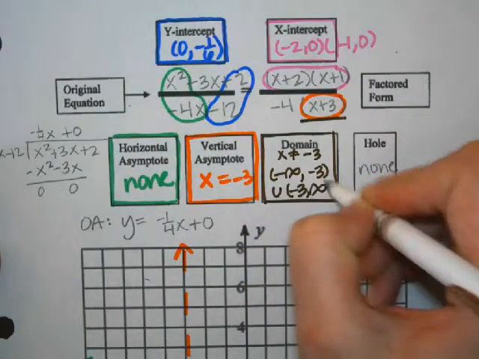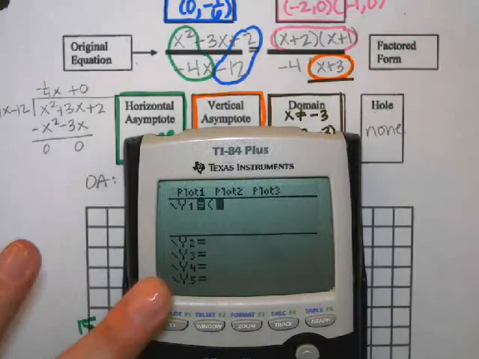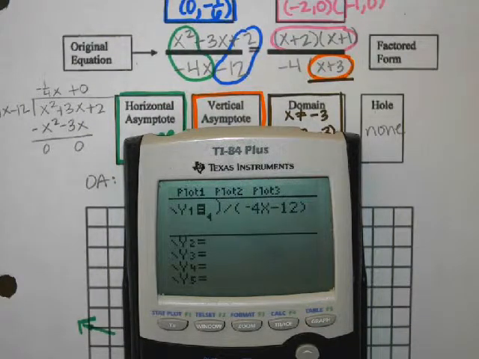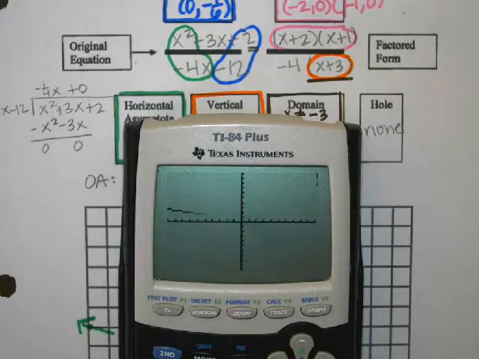-3 to infinity. Okay, so I'm going to go ahead and type this on my calculator. I'm going to do top in parentheses divided by the bottom in parentheses. I'm going to hit graph.